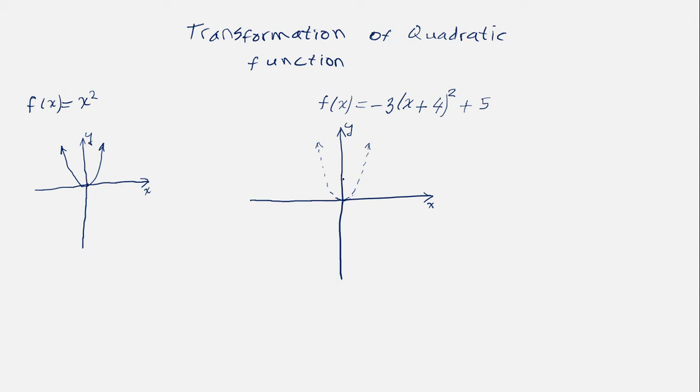If you put this minus in front of it, the function is going to reflect over the x-axis. So it's going to end up right here. So this here is our x squared, and this one right here is negative x squared.